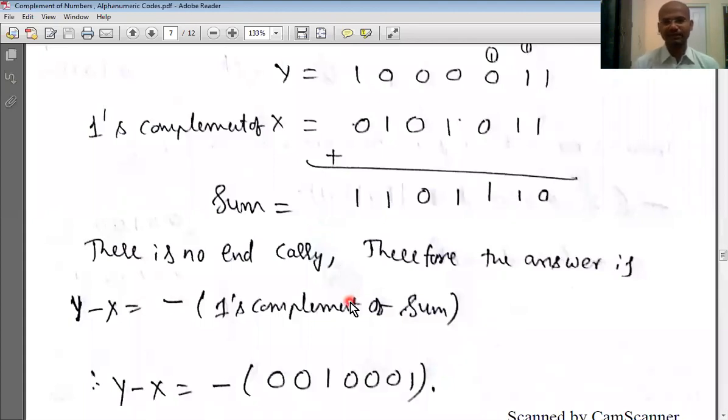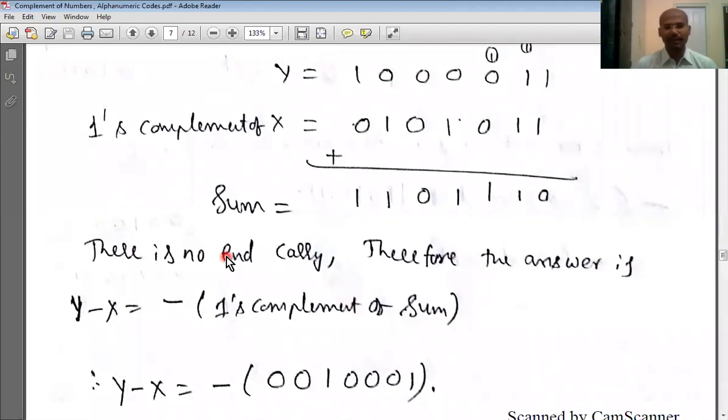Now let's summarize this. In subtraction using complements, you can use the radix complement or the diminished radix complement. Radix complement means, in the decimal system, you can use tens complement or nines complement. Let's see if you are using tens complement.